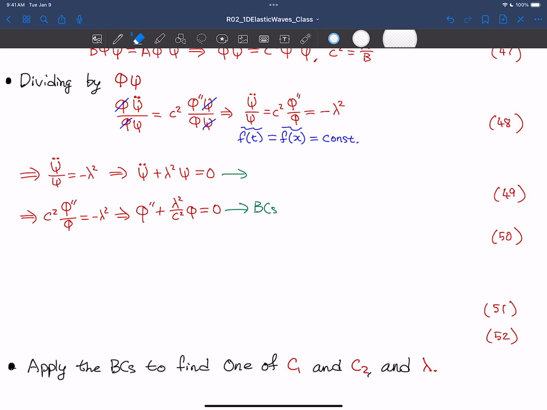Let's just rewrite this whole thing. Here, we're going to have to recast our ICs using psi. And here we have to recast the boundary conditions.